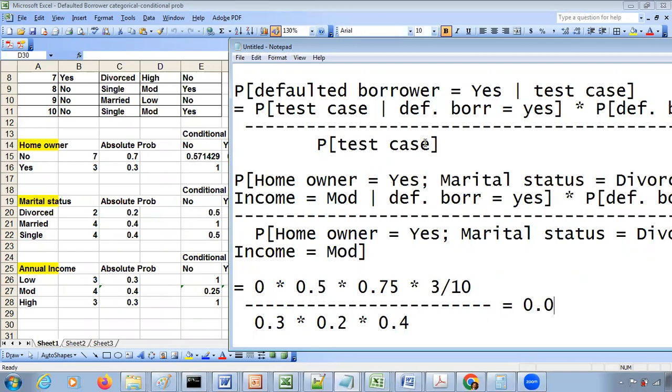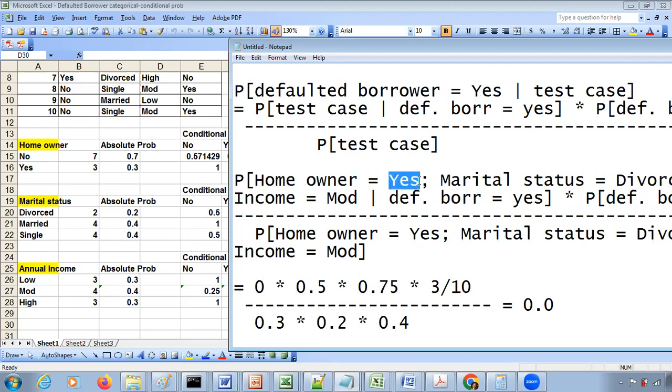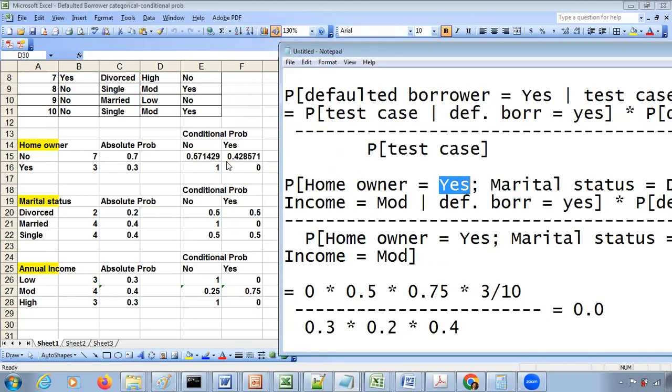So given this test case, a person is not going to be a defaulted borrower, because the probability of observing defaulted borrower as yes for this test case is 0. The reason is that if somebody is a homeowner, that person has not become a defaulted borrower. That's what we have in the data set.